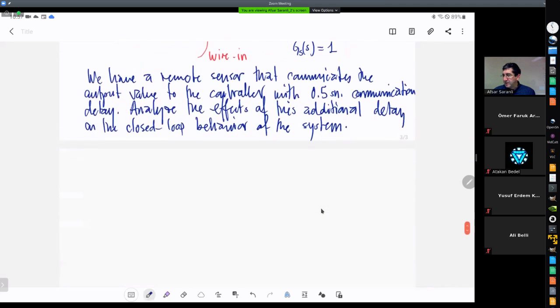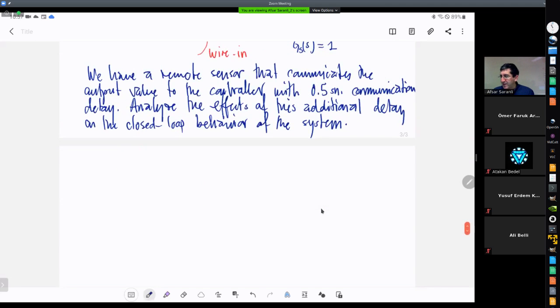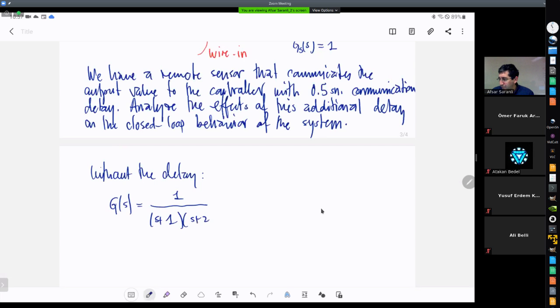Now let's take a look at what's happening without the time delay. Okay. Without the delay, what is the open loop transfer function? Well, we have G of S is simply, in this case, the two poles, S plus 1, S plus 2, right?